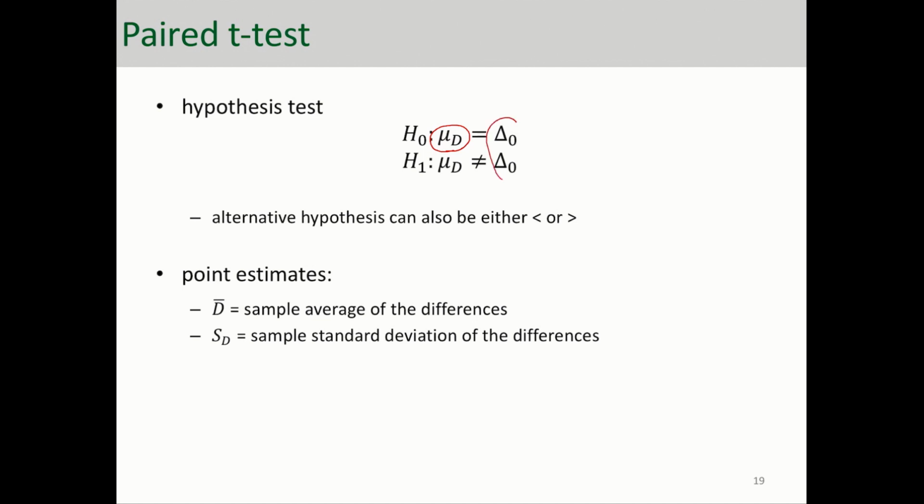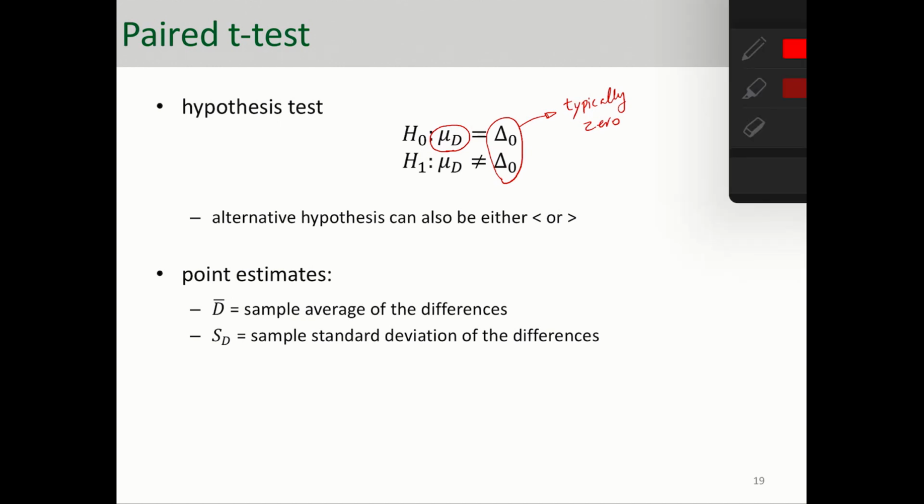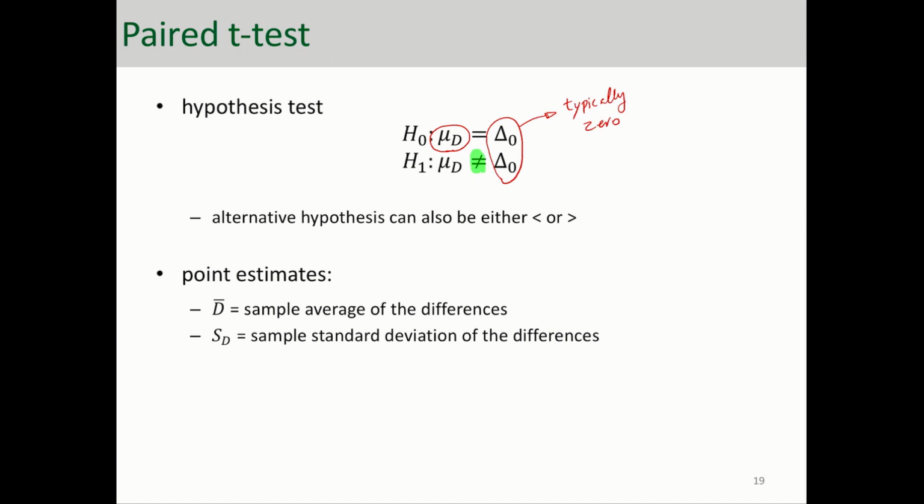And then we have to make a decision about delta naught, typically 0. We talked about that. This is typically 0, indicating that we're looking at whether there is any difference. But keep in mind that the test can be one-sided. This is a two-sided test, but it can be a one-sided test when you have a less than or greater than in the alternative hypothesis.